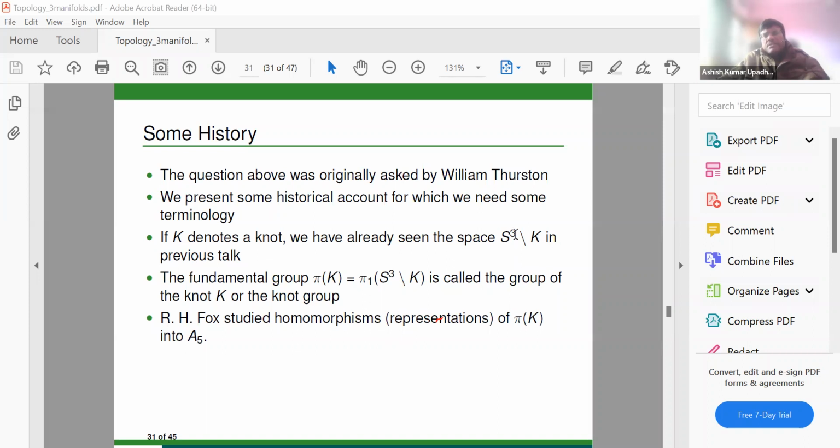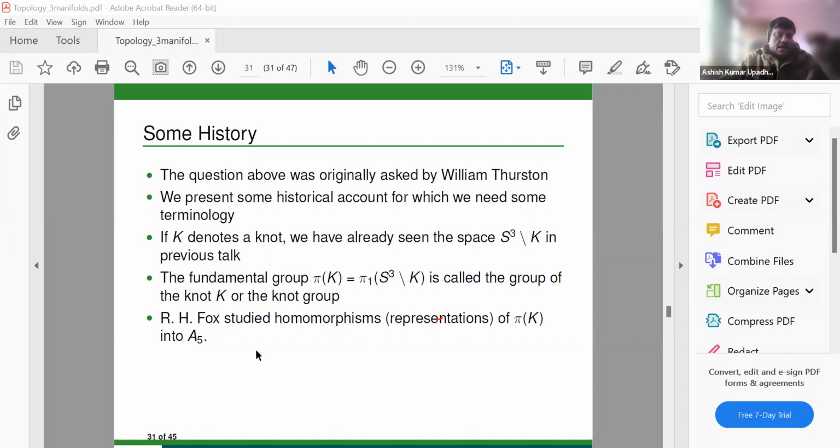S3 minus K means from the sphere you remove a tubular neighborhood of K. At times it is just written as S3 minus K. This symbol denotes set theoretic subtraction. Now, the fundamental group, denoted by pi of K, of this space S3 minus K, is called the group of the knot K, or the knot group.